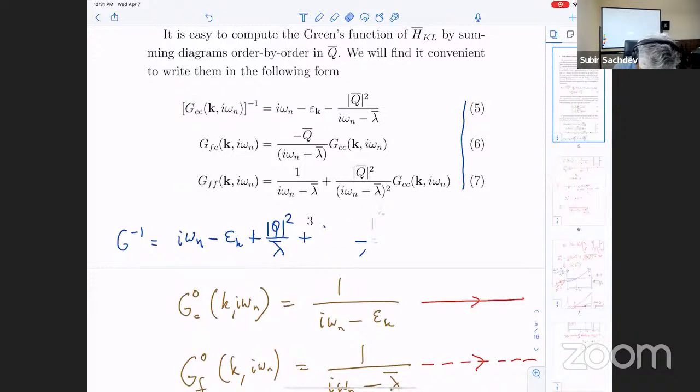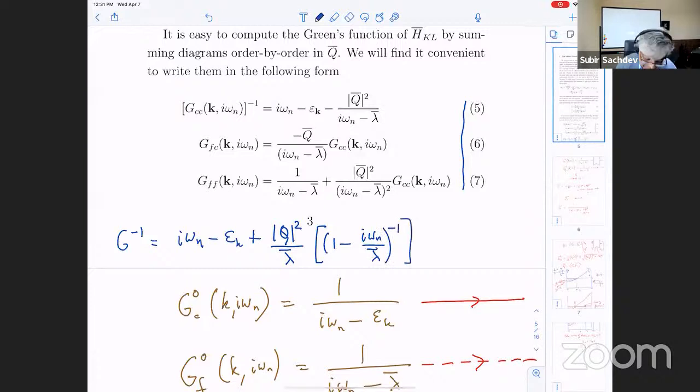Okay, so I write that, let's do it carefully, as mod Q squared times, I pull out a lambda bar, minus lambda bar times 1 minus i omega n over lambda bar, to the inverse. So far no approximations. And now I expand that out. I get rid of the inverse and put a plus.